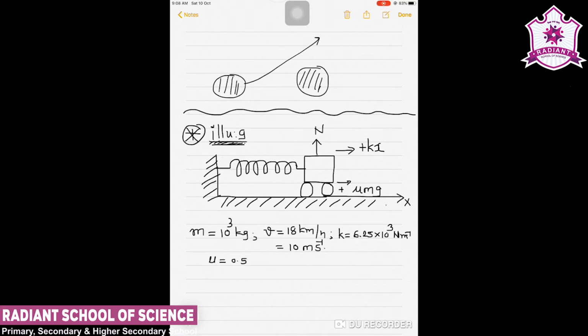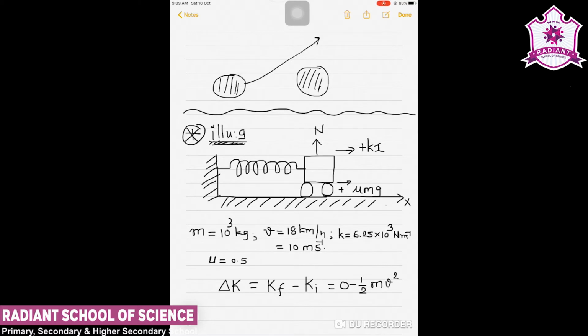The change in kinetic energy is delta K equals Kf minus K initial, that is 0 minus 1/2 mv square, because ultimately it should stop.